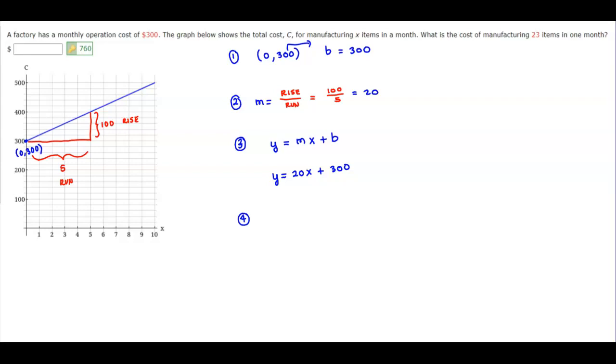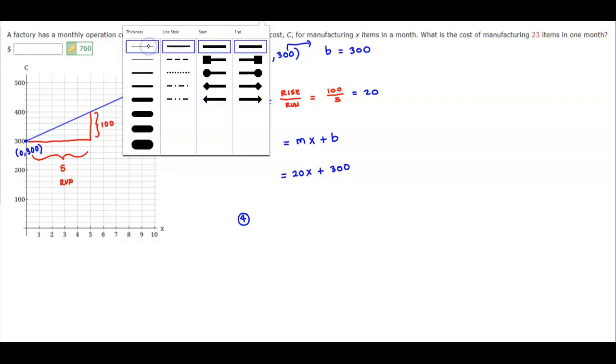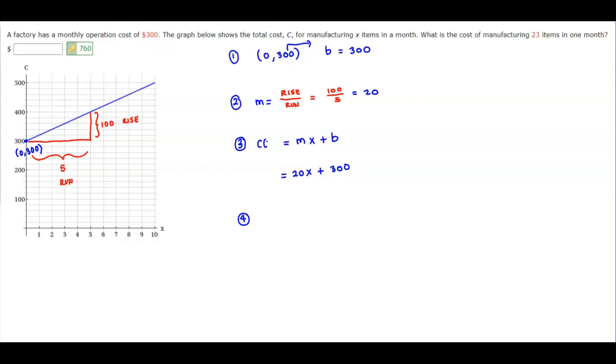Well, let's change this y to c, since the cost is what we're looking for. So this is c of x. That means we want to find c of 23.